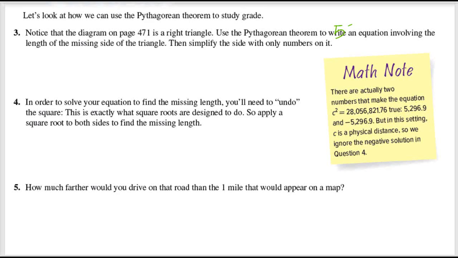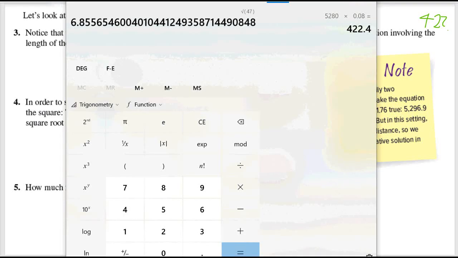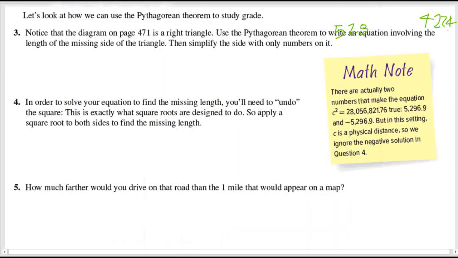So we got 5,280 for one side of our triangle, 422.4 for the other side. And when we talk about grade, we're taking the vertical change in elevation divided by the horizontal length. Vertical and horizontal always give you a right angle.